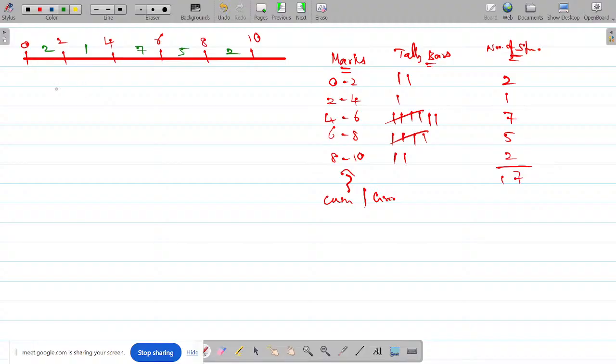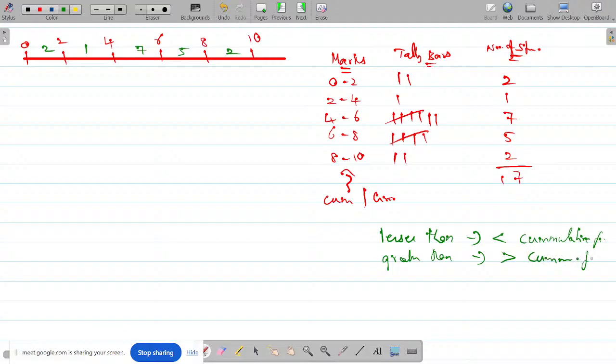If you talk about all lesser than values, we call this the less than cumulative frequency. What do you mean by cumulative? Cumulative means addition. Accumulation is what you call cumulative. If we talk about all greater than values, we call this the greater than cumulative frequency. Less than 0. Get me the value.